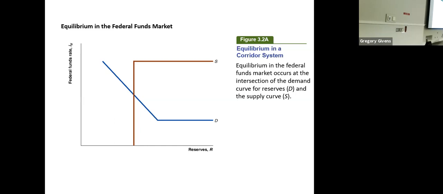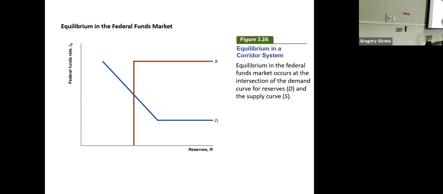The vertical axis on a supply-demand model, of course, has the price of what we're talking about. The price of overnight loans of reserves is the federal funds rate. I'm going to denote that interest rate I subscript FF. There are different interest rates that are important in this market. So I_FF is the federal funds rate, all right? The demand curve is this blue line here that slopes down for the two reasons that we talked about a few minutes ago, right?